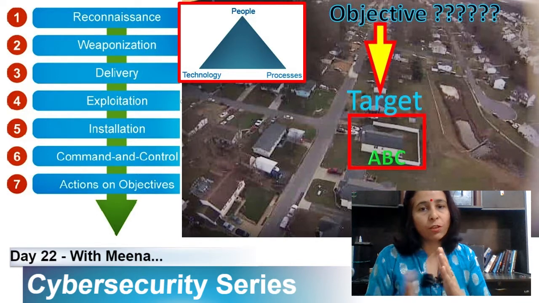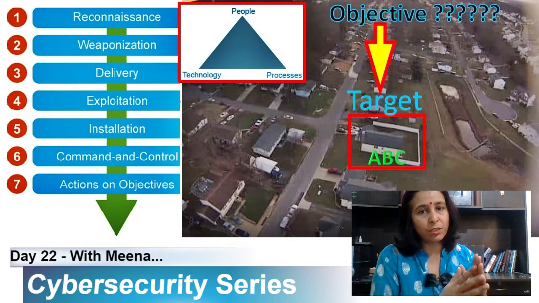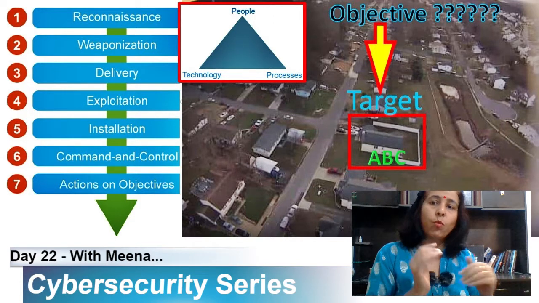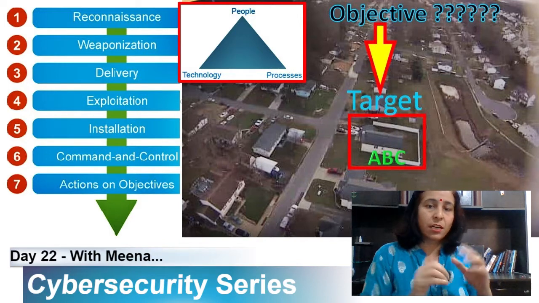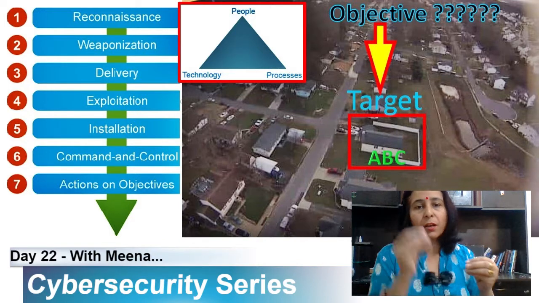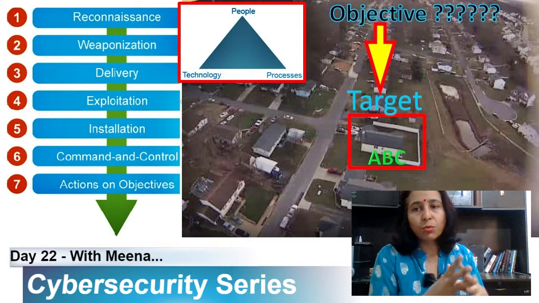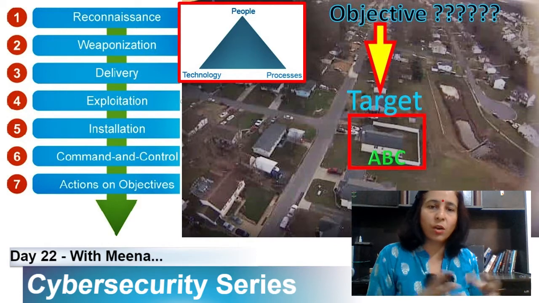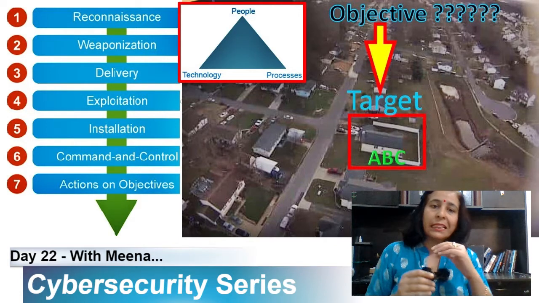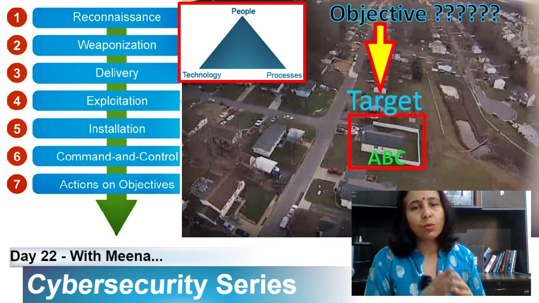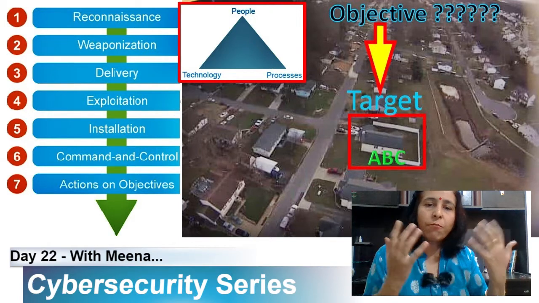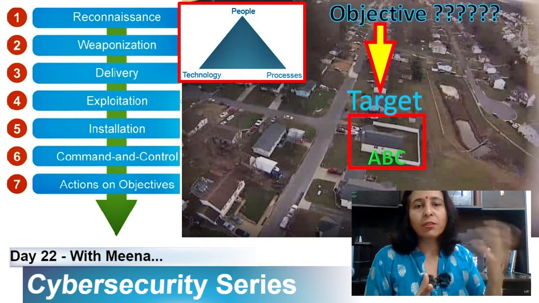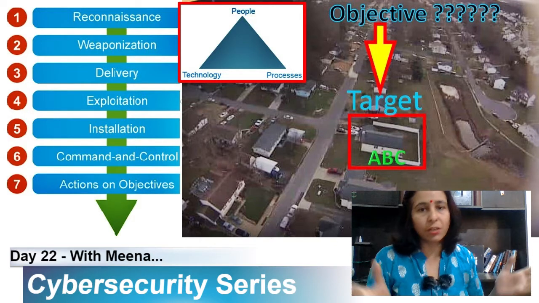They need to follow many processes to perform that attack. So it depends upon the target, and for these things they need people, technologies, processes, tools, techniques, many things. In the first step, they will find a lot of information about their target. That's called reconnaissance.